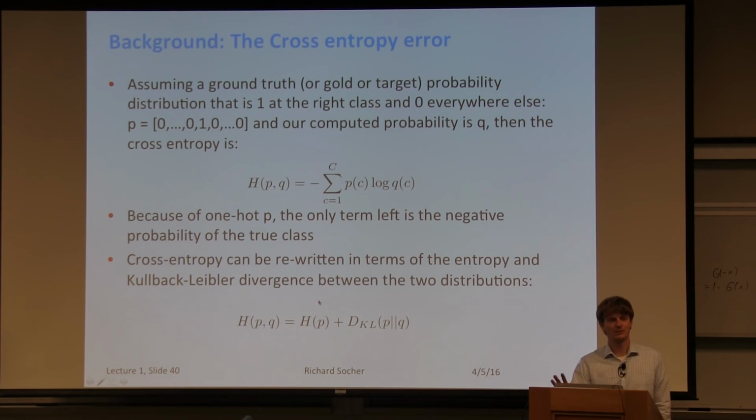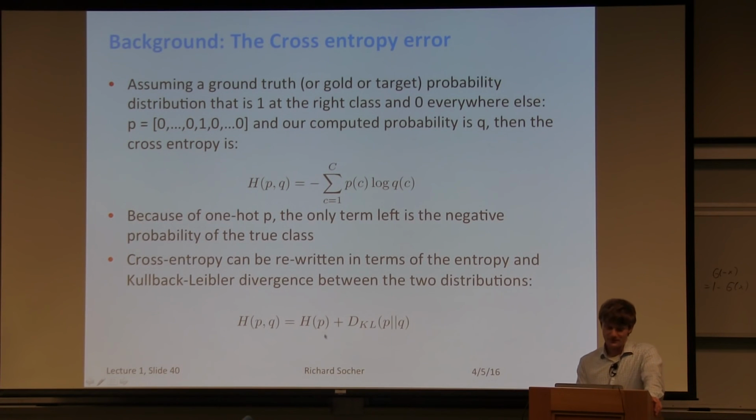Again, if this is a little too fast, don't worry. I just want to make sure those of you familiar with information theory understand the difference. It's nice to know and very intuitive.